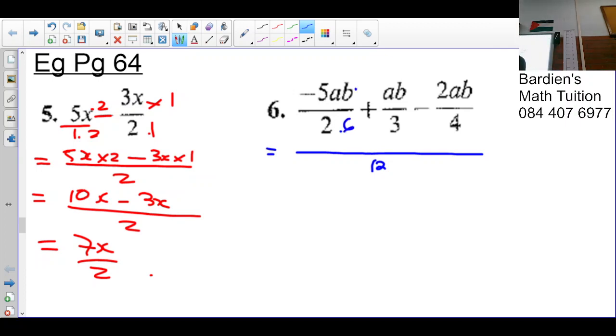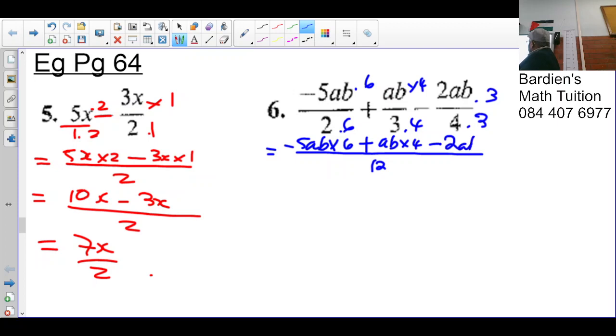Nice. So it's going to be negative 5AB times 6 plus 3 times 4. Nice. So it's AB times 4 minus times 3. Nice. So you're going to be 2AB times 3.